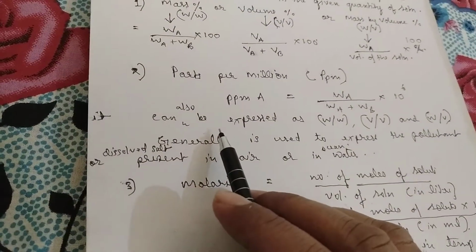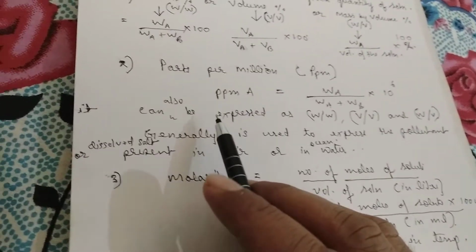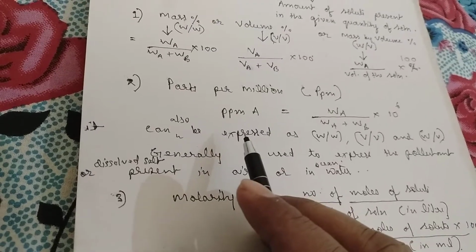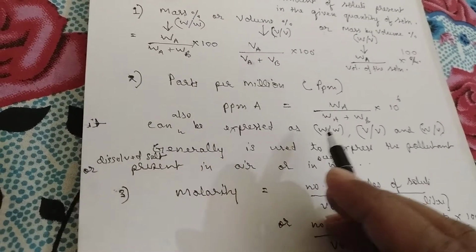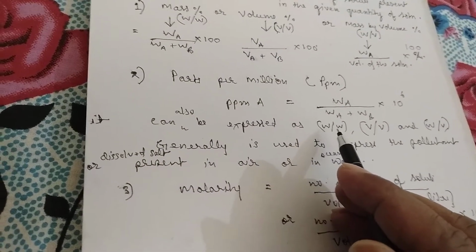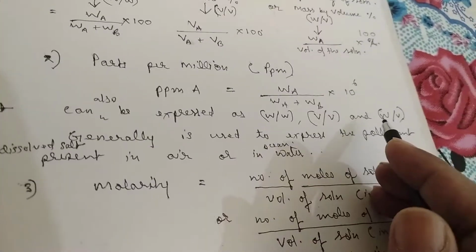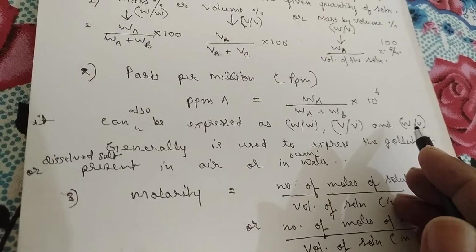This ppm method may also be expressed like the percentage method. It may be expressed as mass by mass ppm, volume by volume ppm, and mass by volume ppm.